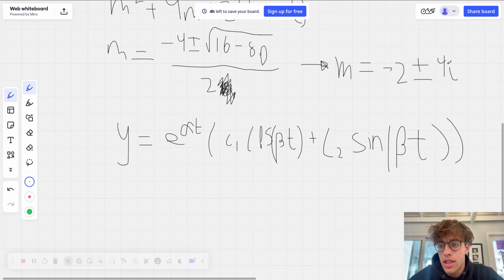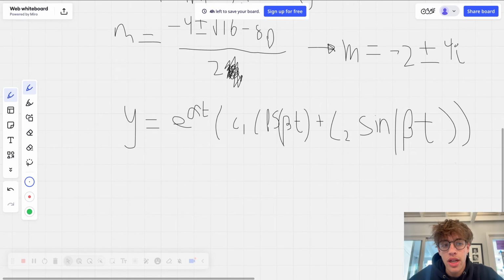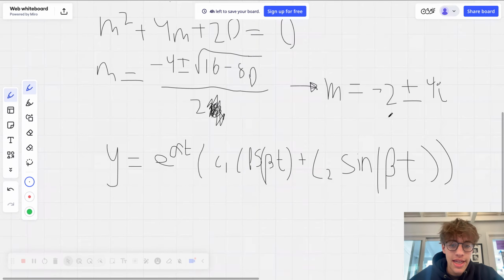So now just plugging in what we know. This is in the form a plus or minus bi. We plug the imaginary part into here and the real part into the power right here.